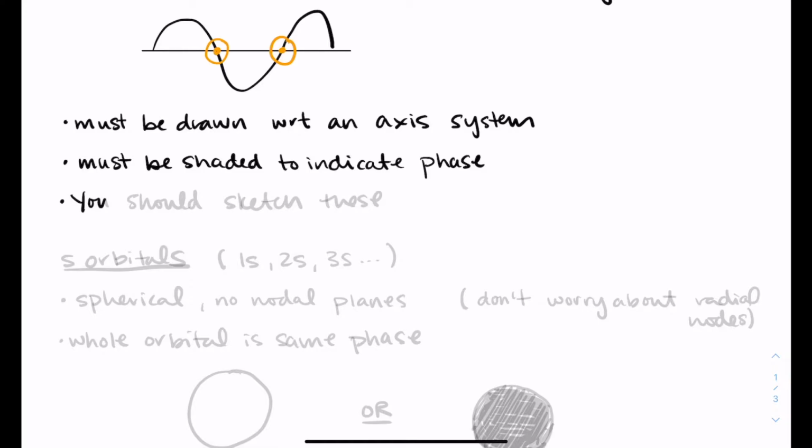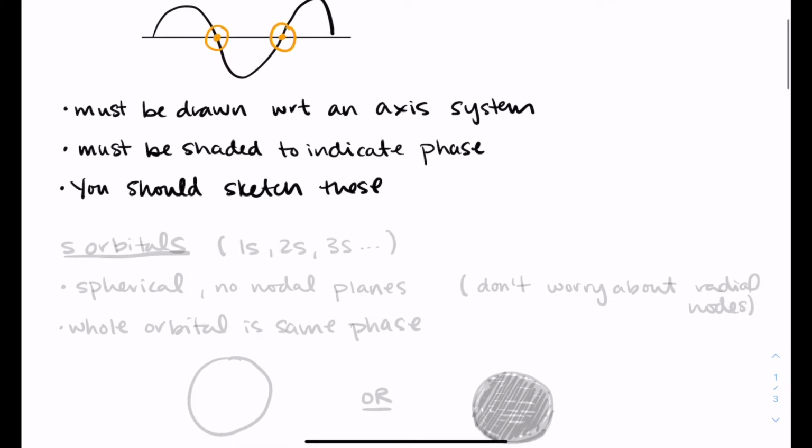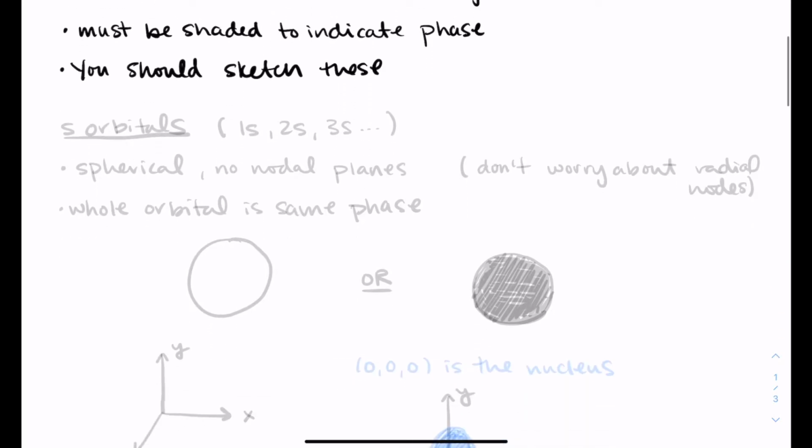And you should be able to sketch these. Now for the s orbital, I'm going to go through a few things so that you can see what it looks like. And in the very end, I will give you an example set of everything drawn off an axis system.